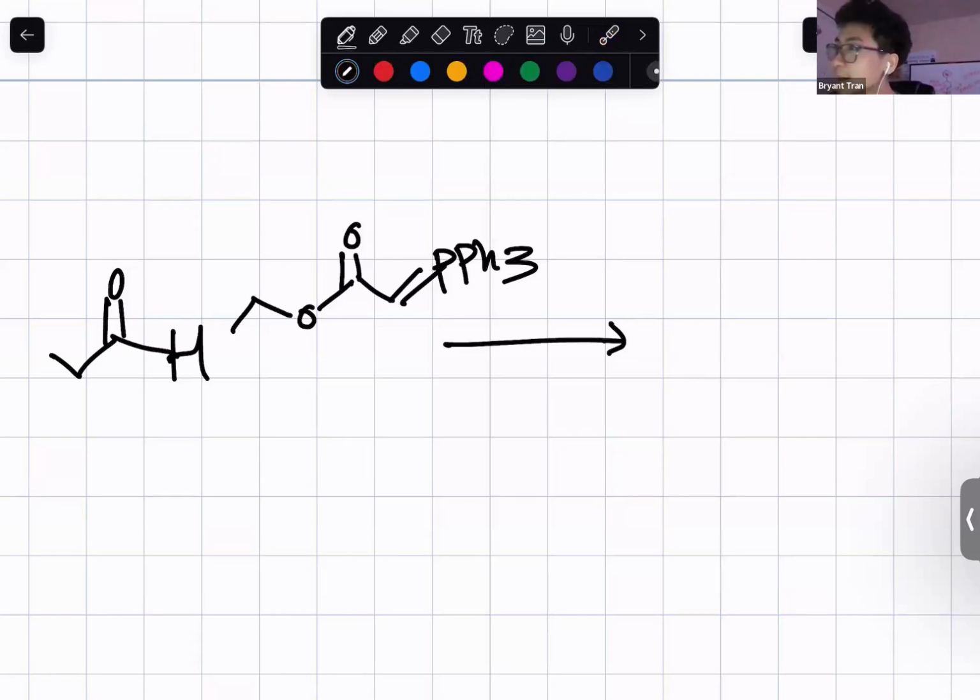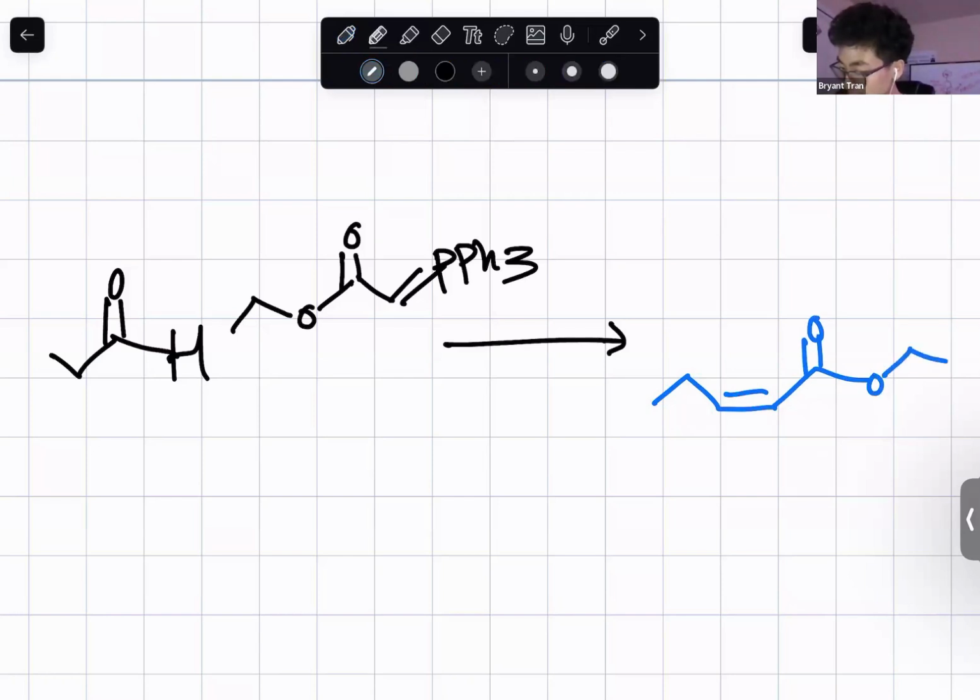You put this alkene, which is the Z alkene, right? And if we highlighted this carbon in yellow and this ylid carbon in blue, that would be this right here.